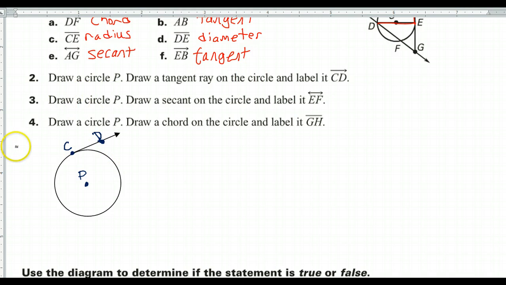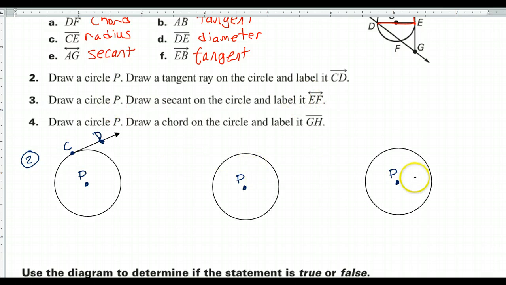Let's see. So that was number 2. So I'll just put number 2 over here. Number 3, we're supposed to draw a circle P again. In fact, looking ahead, we're going to need circle P for problems 3 and 4. So, here's number 3, and this will be for number 4. So for number 3, we're supposed to draw a secant on the circle and label it line EF.